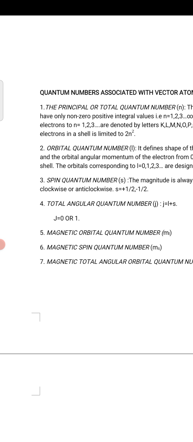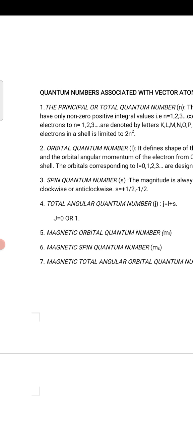The fifth one is the magnetic orbital quantum number, ml. When the atom is placed in a strong magnetic field, the electrons with the same values of principal quantum number n and orbital quantum number l orient in different directions, and the magnetic moment is divided into the orbital quantum number ml and the spin quantum number ms, and the total angular magnetic moment quantum number is mj.